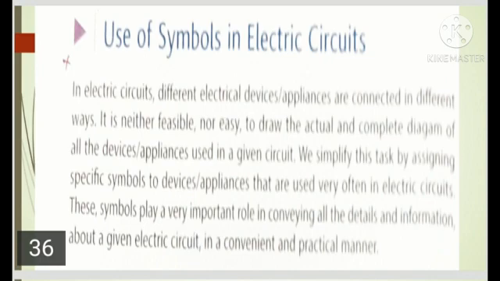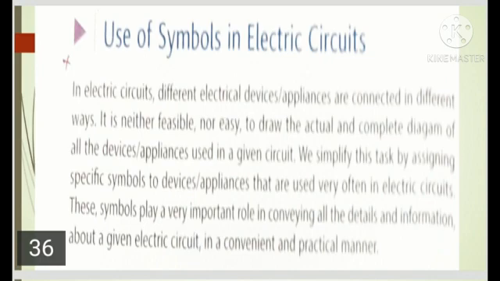It is not easy to draw the physical or practical shape of that thing which is required there to connect or put. That's why some special symbols are assigned to these devices or the parts of the electric circuits.